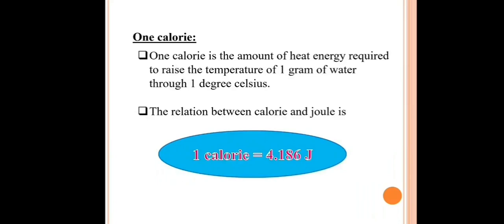I repeat it. 1 calorie is the amount of heat energy required to raise the temperature of 1 gram of water through 1 degree Celsius. The relation between calorie and joule is 1 calorie is equal to 4.186 joule.